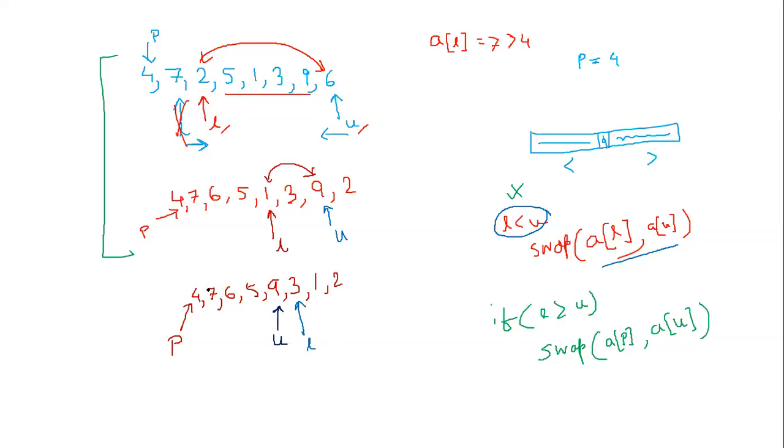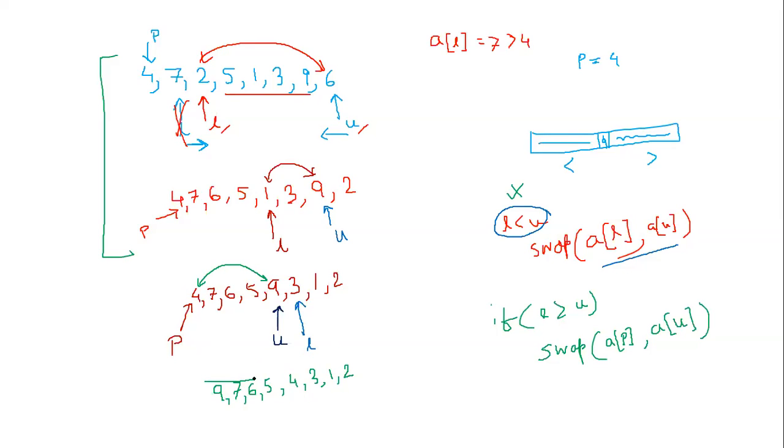So let's swap it. That means I will have a swap between this one and this one. After swapping, what will happen? 9 will be the first value, then 7, then 6, then 5, then 4, then 3, then 1, then 2.